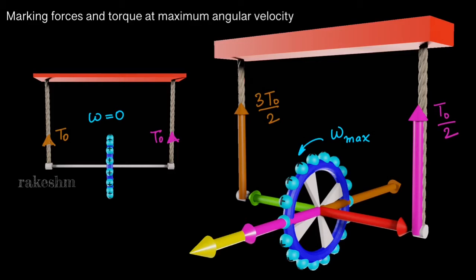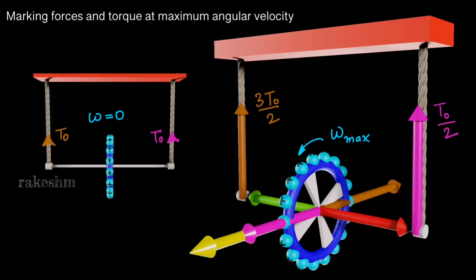Initially, when the angular velocity of this wheel was 0, it was given that the tension in these two strings is T0. Now, as this wheel is in equilibrium in this direction, we can say 2T0 must be equal to the weight of the wheel.